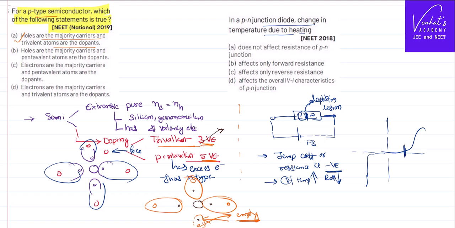Here there is a barrier potential, and here there is the breakdown voltage. But as temperature varies, the resistance of the device changes. As the resistance changes, the current in both forward bias as well as reverse bias is affected. Thus, it affects the overall VI characteristics of the PN junction diode, which is the right answer for the problem.